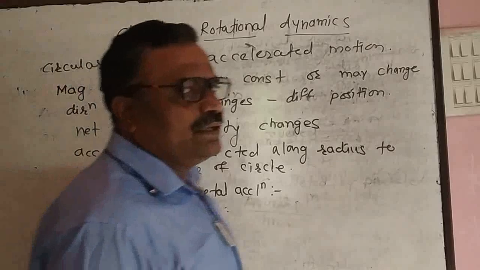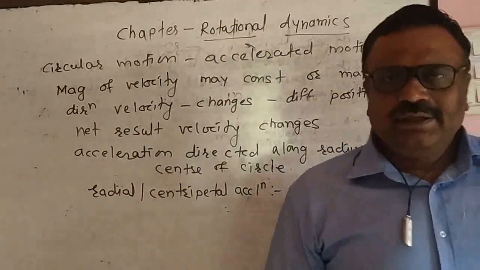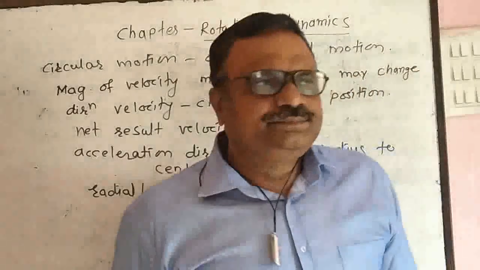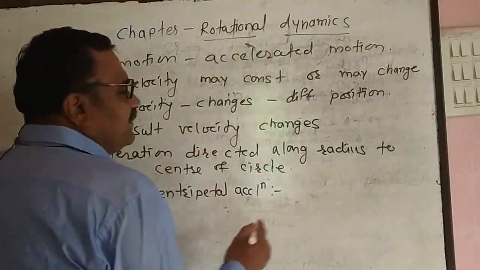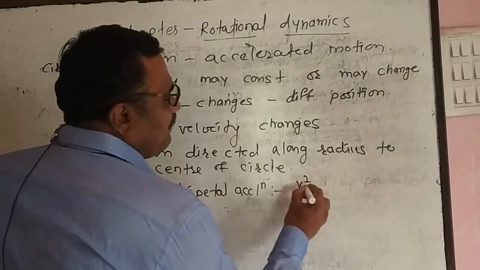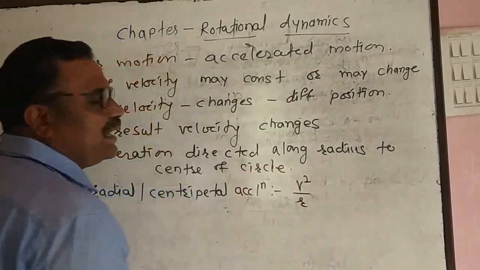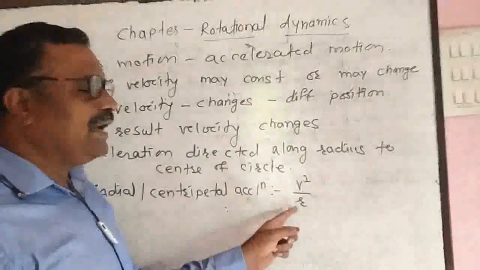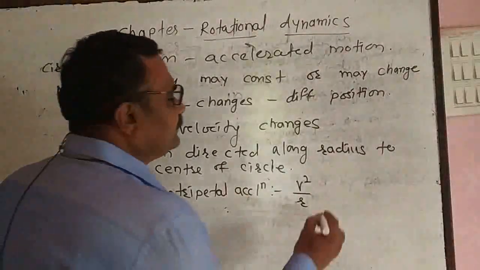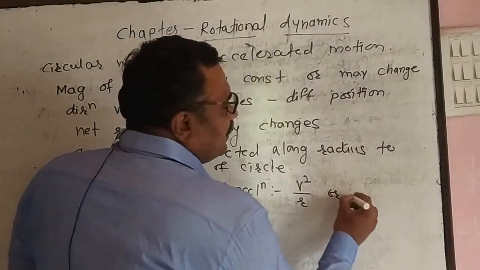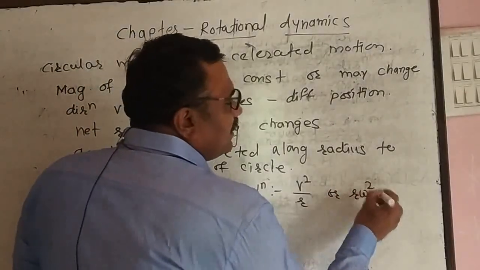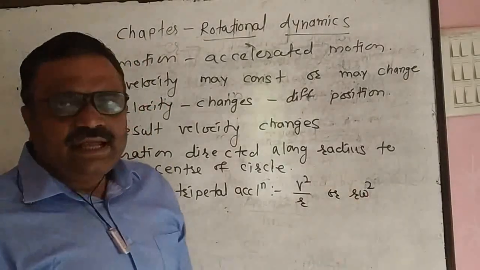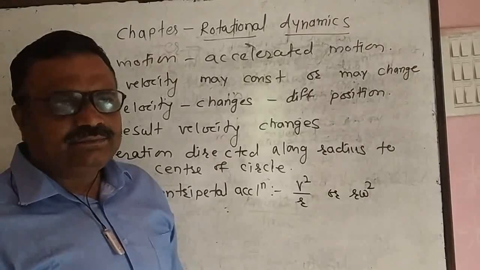By using the graphical method in a previous standard, or by using the calculus method, the magnitude of centripetal acceleration is given by the formula v square upon r, where v is linear velocity and r is the radius of the circular path. The same formula is equal to r omega square, where omega is known as the angular velocity of the particle.